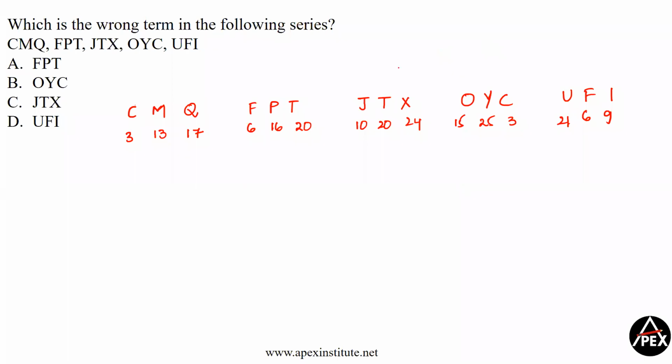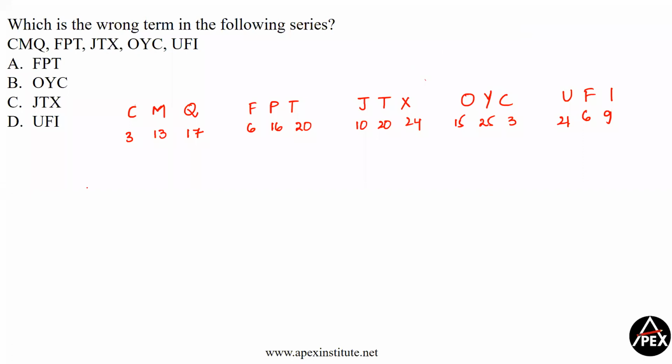So we have one response. Others? So we have two different responses, option D and option C. Okay, let's see.